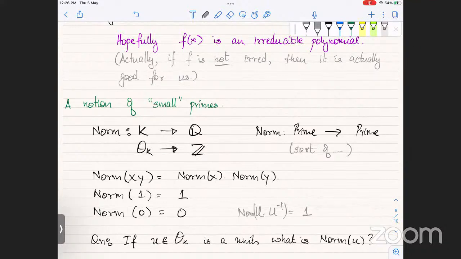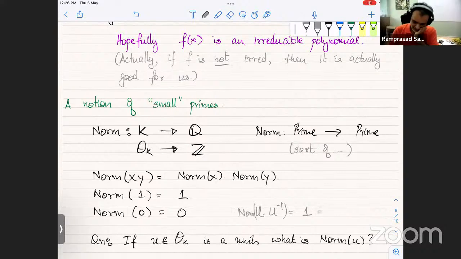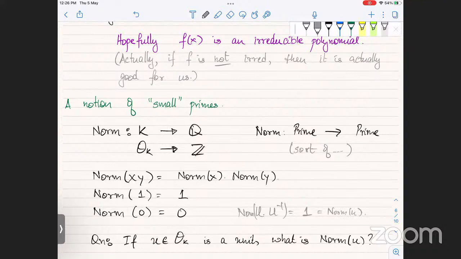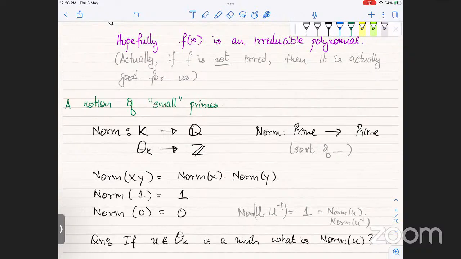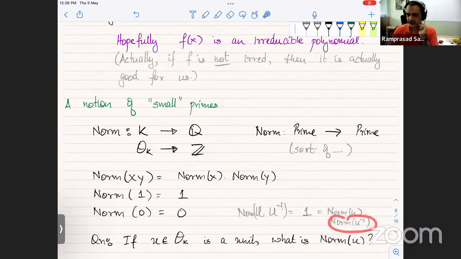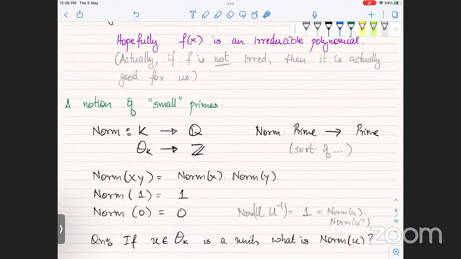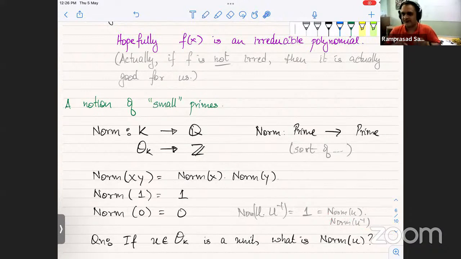Now I'm just going to use the fact that the norm of any integer is supposed to be an integer. So I know this is an integer and I know this is an integer, and apparently a product of two integers equals 1. So it better be the case that the norm is plus or minus 1. Good. So just to say, these axioms already tell you that the norm has to be plus or minus 1.